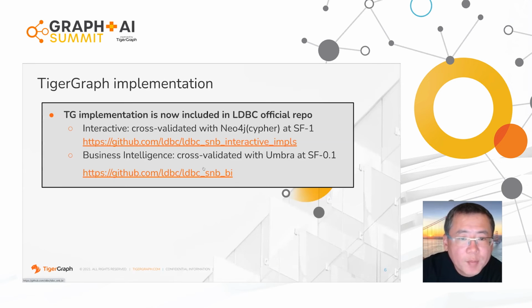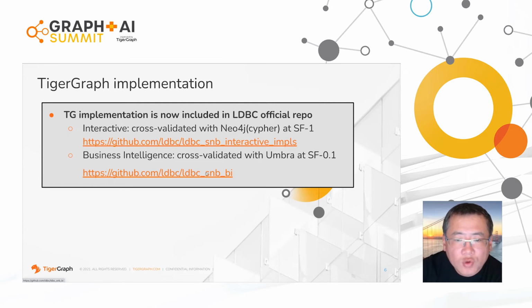And TigerGraph implemented the official LDBC SNB benchmark driver, and it has been included in the LDBC official GitHub repository. So you can access the interactive driver here, and you can access the BI benchmark driver here.